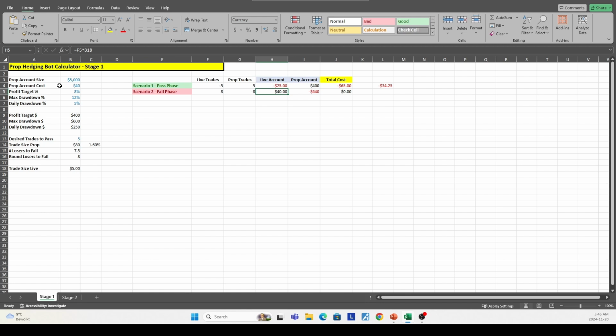Therefore, if I were to do this again, I would likely use a larger take profit level and combine this with a strategy that actually has an edge, where you're using your hedging more as an insurance policy and you're not necessarily hoping to make money in your live account here.